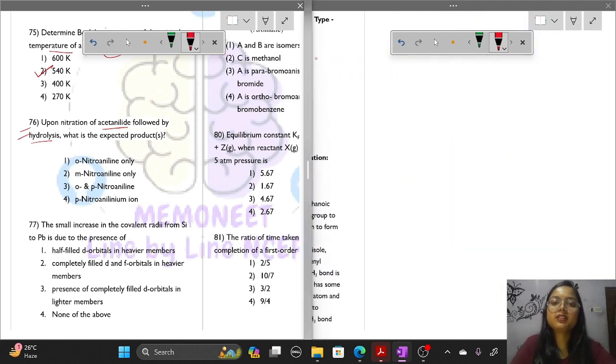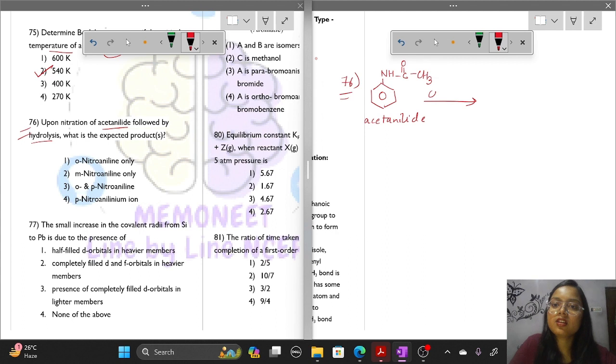For question number 76, here we can solve. Upon nitration of acetanilide, this will be the structure of acetanilide, NHCOCH3. This is acetanilide, on reaction with conc HNO3 and conc H2SO4. What we will get?